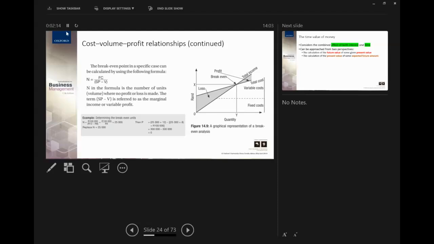So here now, they're further looking at your break even. And this is the formula for calculating break even in terms of number of units. So you've got your fixed costs divided by your marginal income, which we ascertain by saying your selling price per unit minus your variable cost per unit.